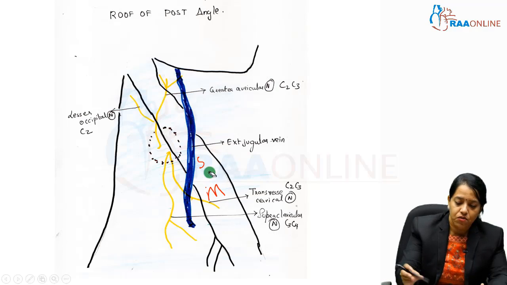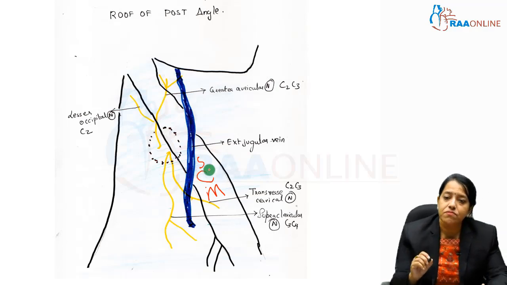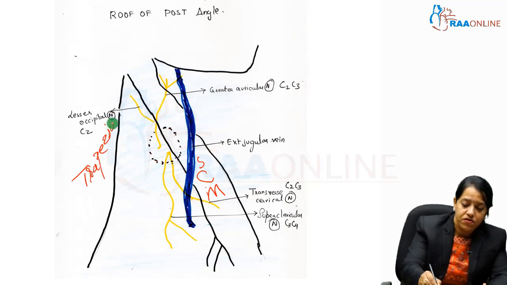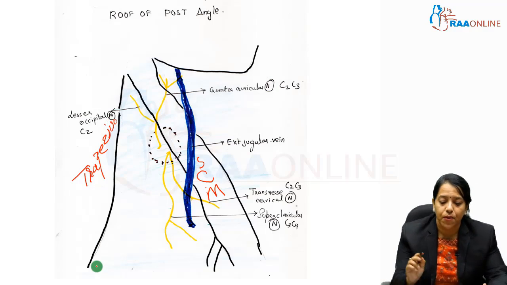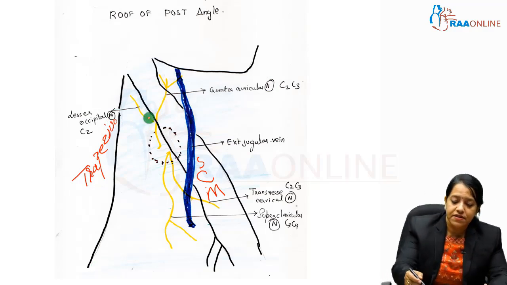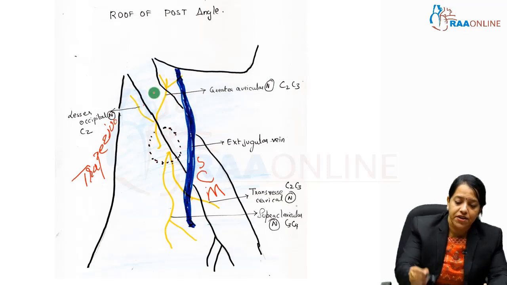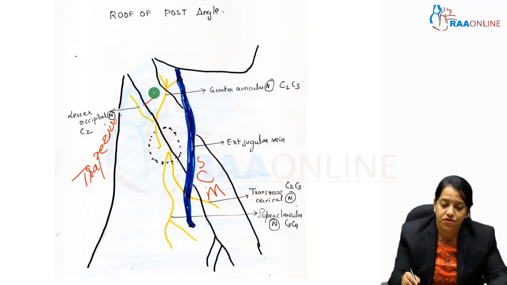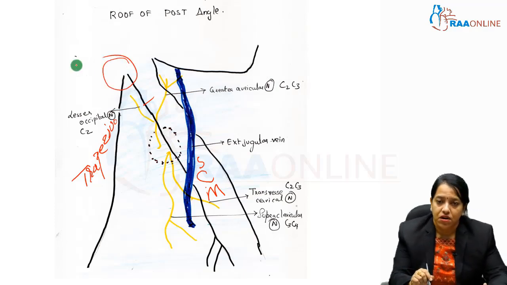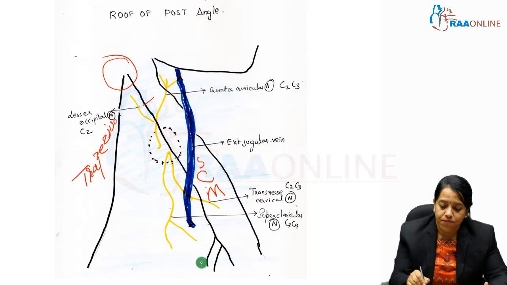And here we have the trapezius muscle, so this is the posterior boundary of the posterior triangle, whereas this is the anterior boundary, the posterior border of the sternocleidomastoid. This forms the apex of the triangle, and the lower part is the clavicle, which forms the base of the triangle.